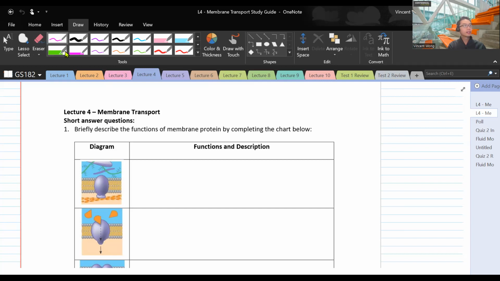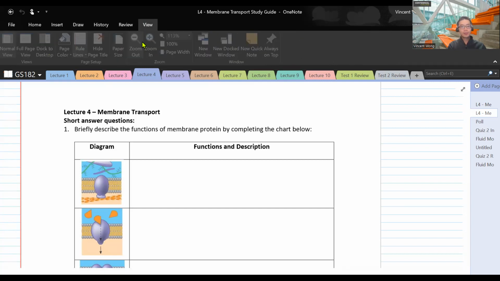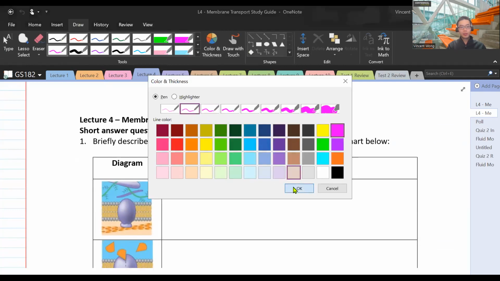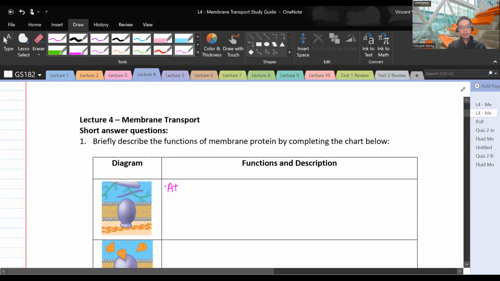Okay, so the first one here is to provide attachment to the cytoskeleton. Right? So what does that do?